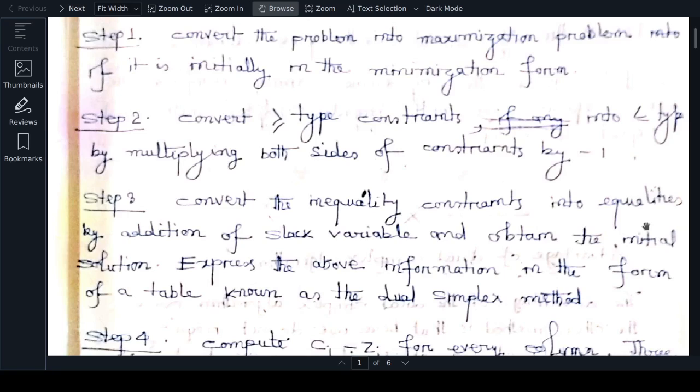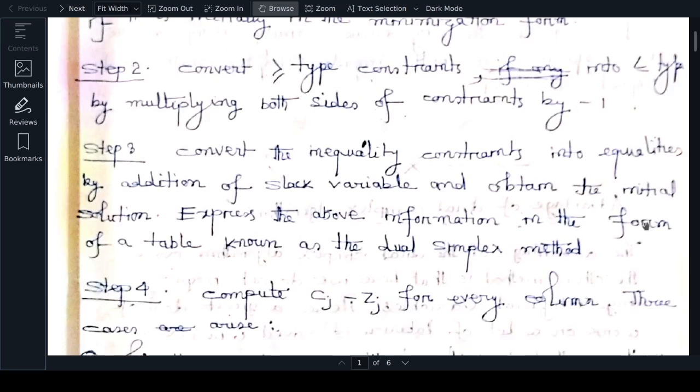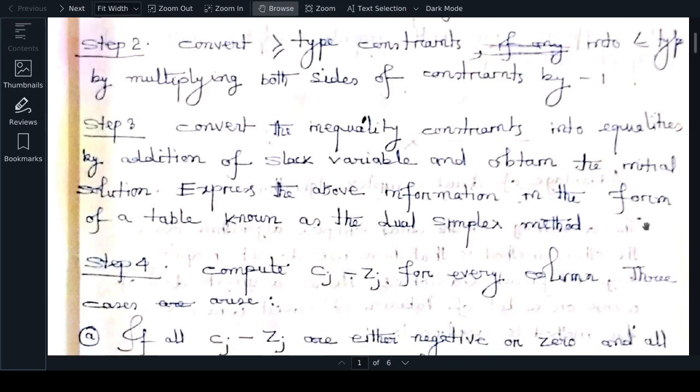We know when the less than or equal to symbol is present in the constraint, then for making equality, we add a slack variable. So the first step is what? If a minimization problem is given, in case of the dual simplex algorithm, we convert it into the maximization. If a maximization problem is given, then okay, no problem.